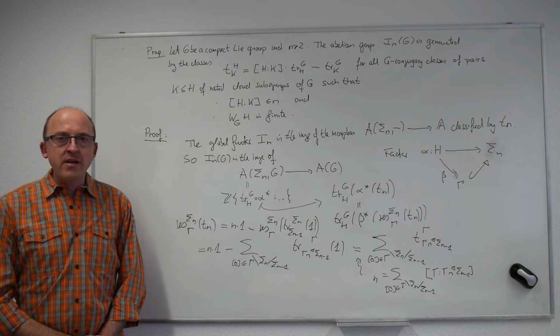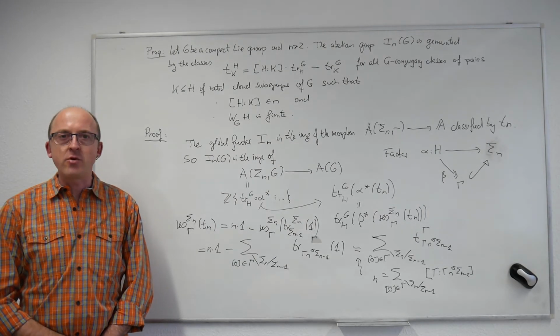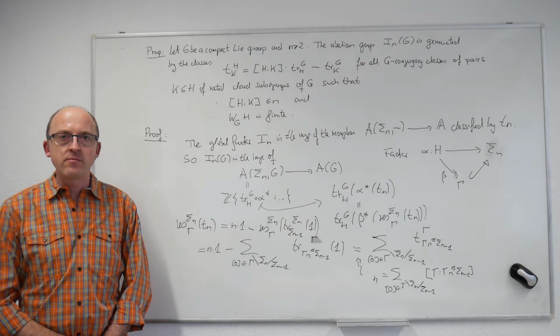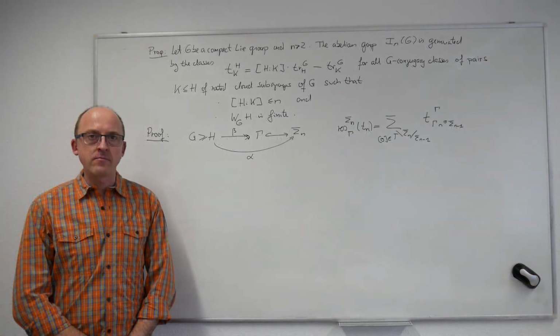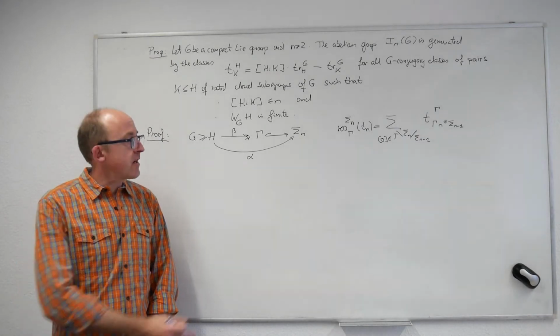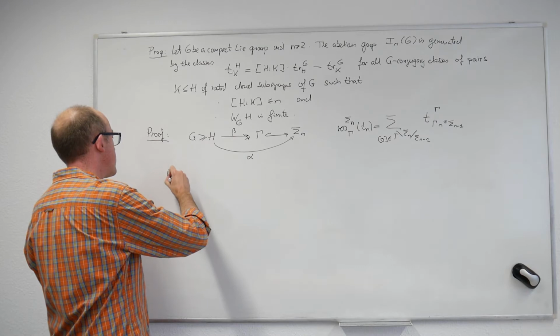Now we will apply beta upper star to this. That's an inflation, that's easier to compute, but I need more space on another whiteboard. Applying beta upper star to the relation we have just deduced, we get the following.